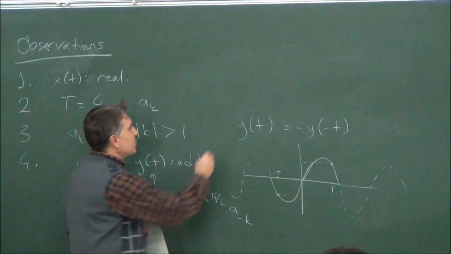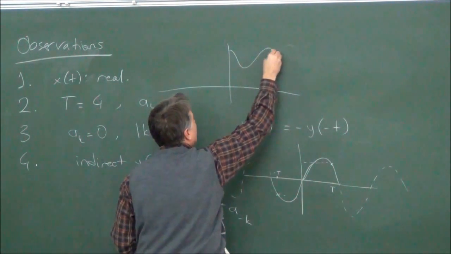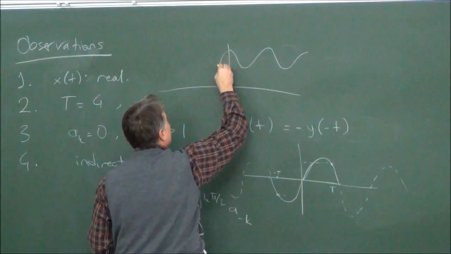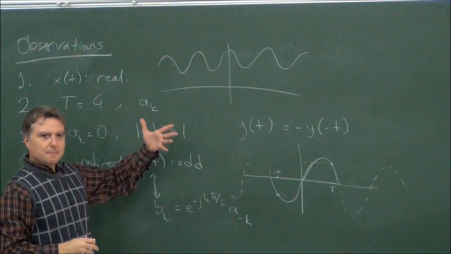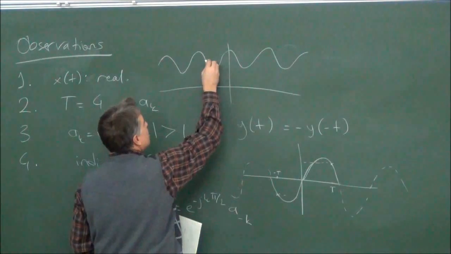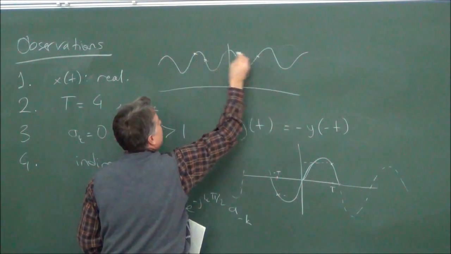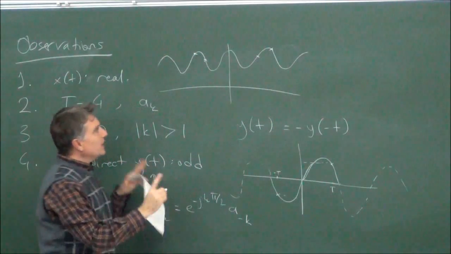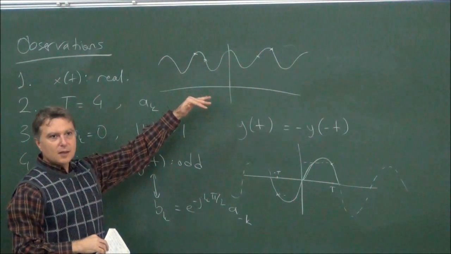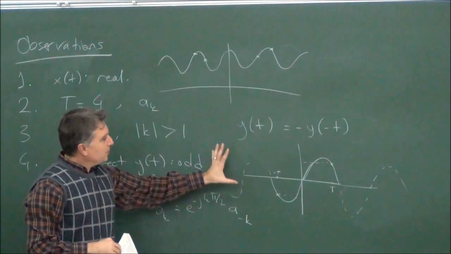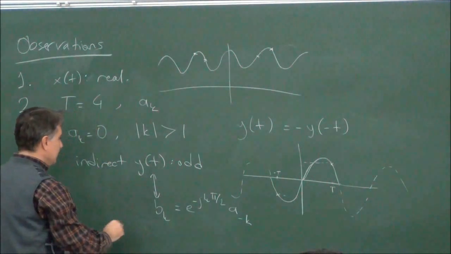For a symmetric sequence, you can have a DC. For instance, this is a cosine plus some DC. And it's a symmetric sequence because, as you see, this value is the same as this value. This value is the same as this value. So it is symmetric. And there may be a DC coefficient. That is possible. But for an antisymmetric, an odd signal, you cannot have a DC.